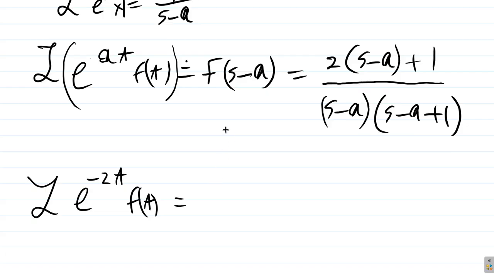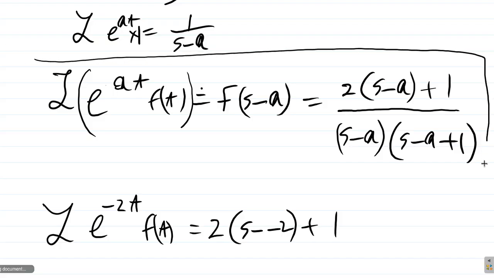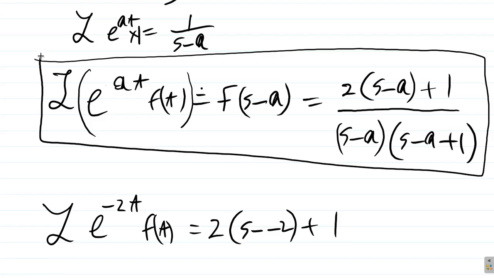So here we have 2(s minus negative 2) + 1. Alright? Remember, this is a general statement here. It's s minus a, so what we have is 2 times (s minus a).